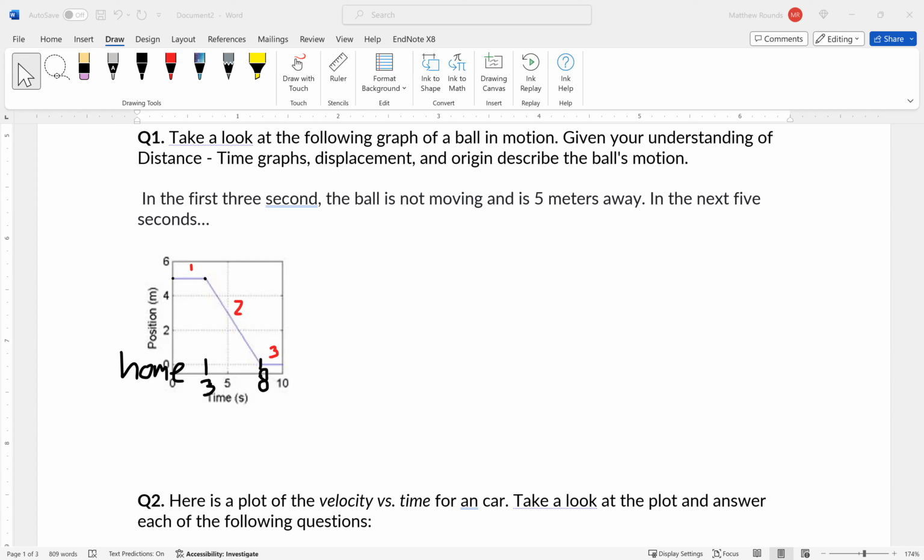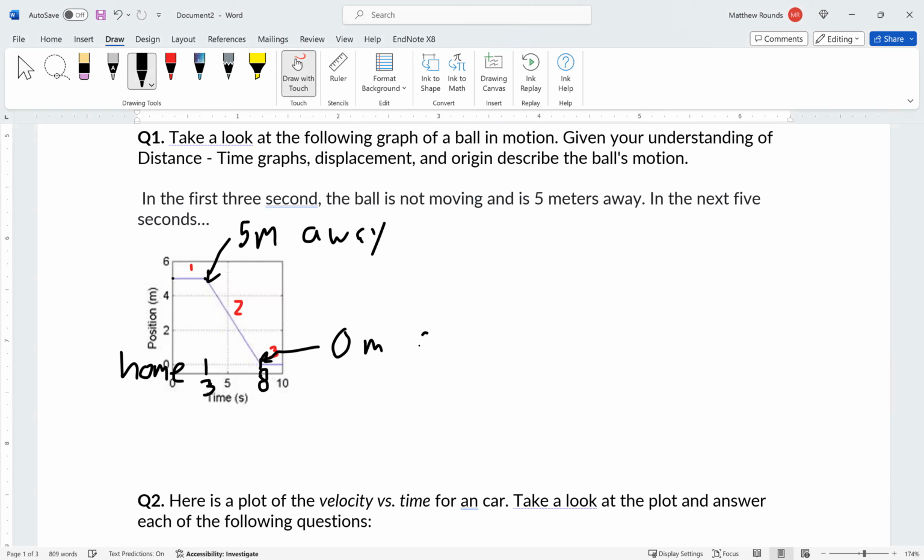Okay, here's what I wrote. Can you tell me if it's correct? So the ball is 5 meters away at 3 seconds. That's what the graph is showing us. At that point right there, the ball is 5 meters away. And then 5 seconds later, the ball is 0 meters away.